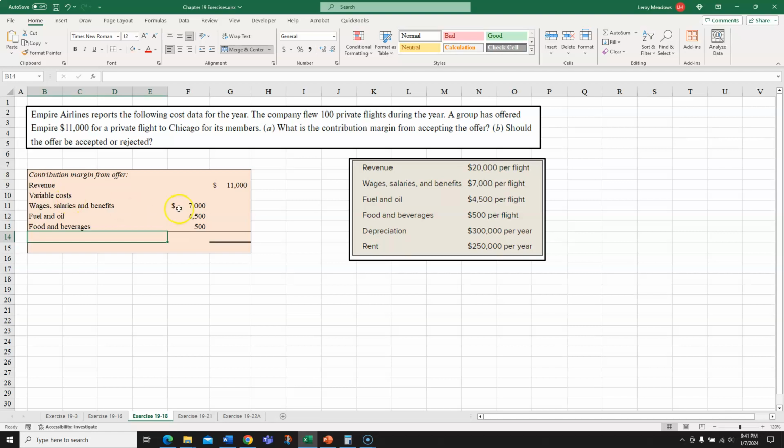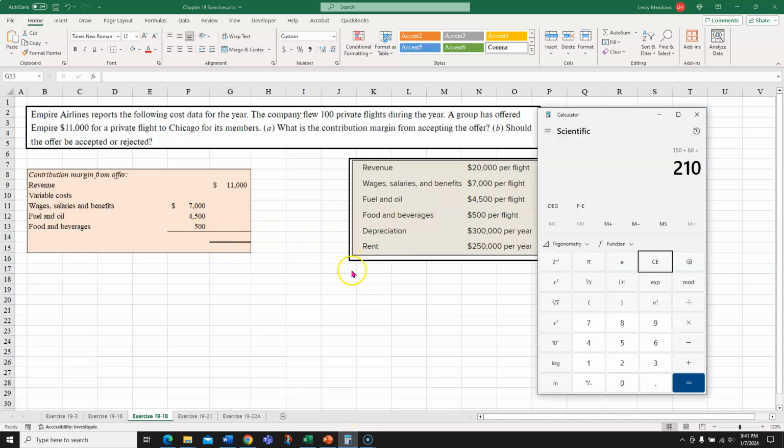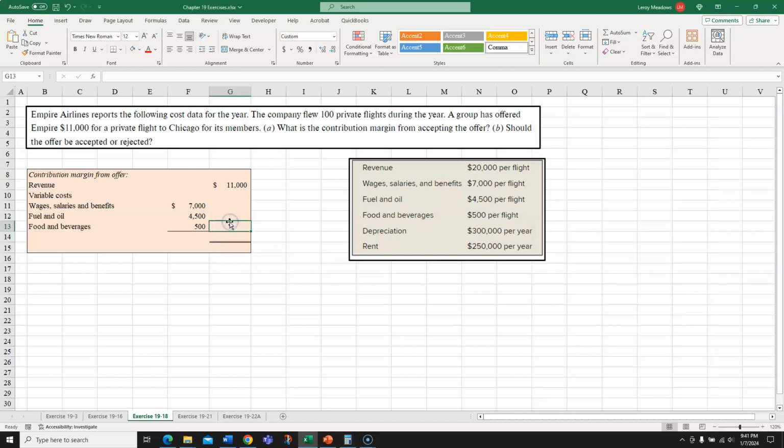So what are my total variable costs here? Well, I'm going to have $7,000 plus $4,500 plus $500, which is $12,000 of variable costs. So my total variable costs are $12,000.